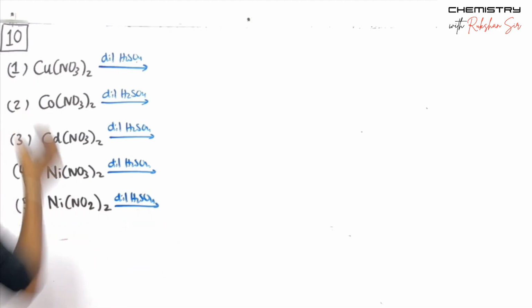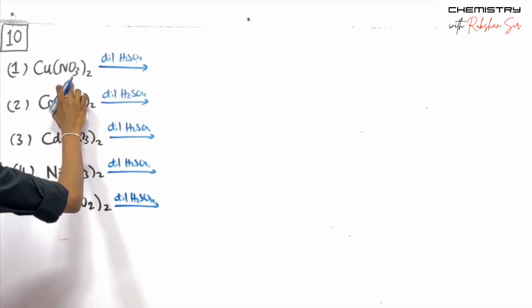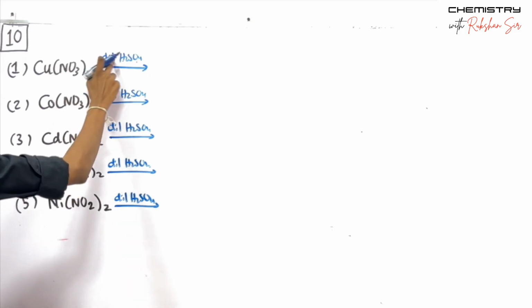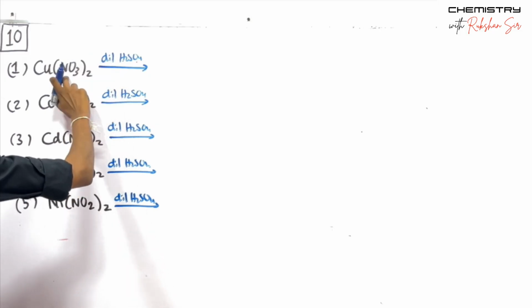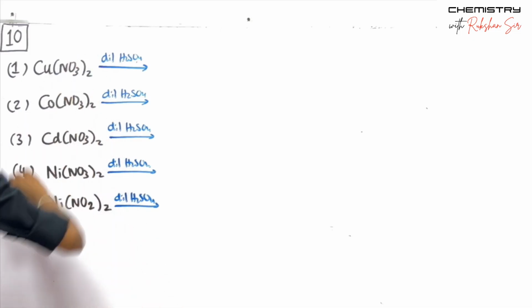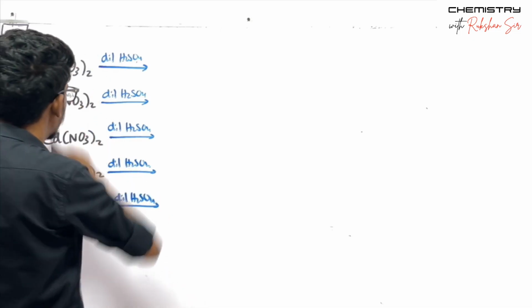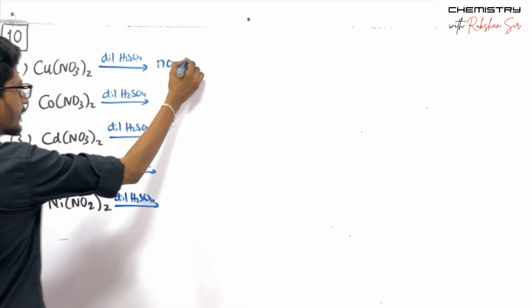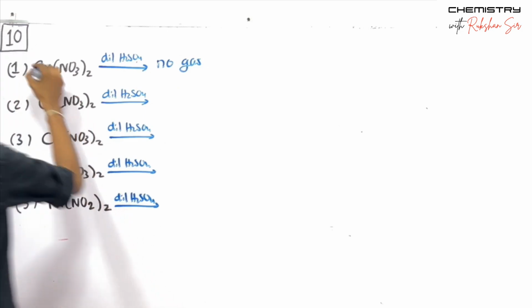So NO2 minus, right? NO3 minus won't produce gases with dil. H+. To produce gases with dil. H+, you need to have carbonate, sulfide, SO3 2 minus, S2O3 2 minus, or NO2 minus. So no gas liberation there, so it is out.